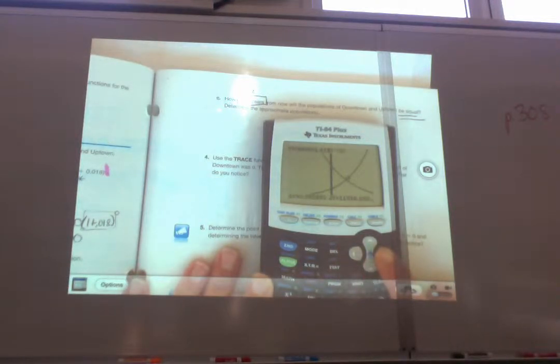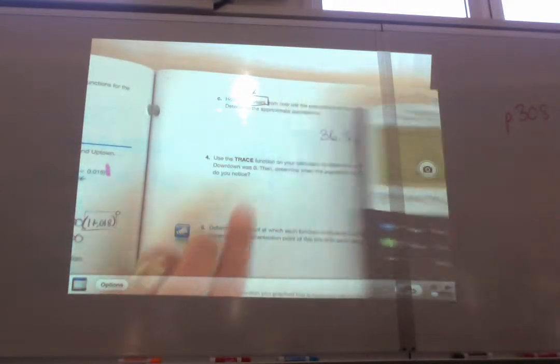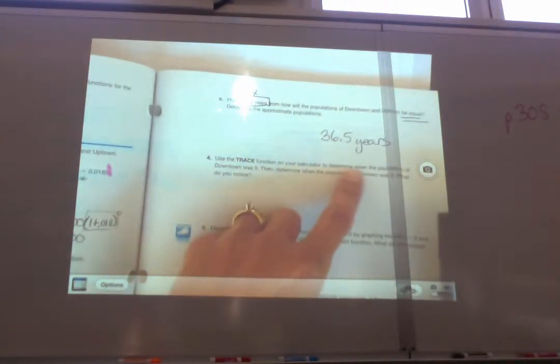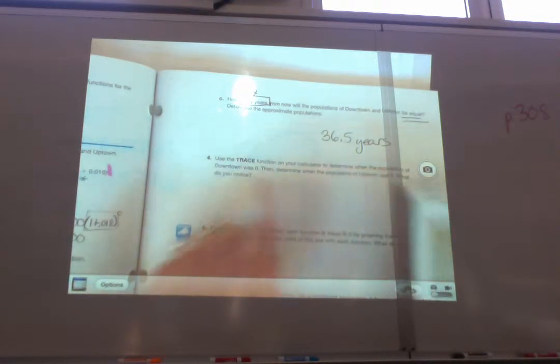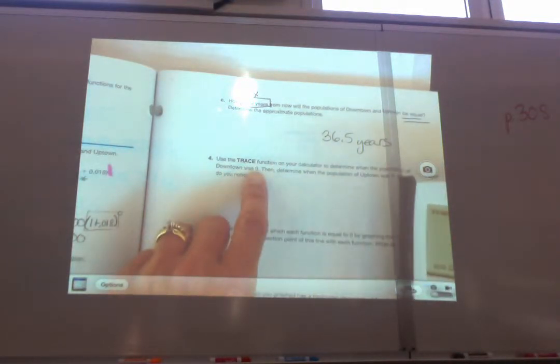It looks like if I go to the right that I'm on the downtown one. Now, we want to know when downtown was 0, so I actually have to go to the left, bring it on back to the y-axis. The y-intercept is the 0, okay, and use a trace to determine when the population of, oh no, that's times 0.